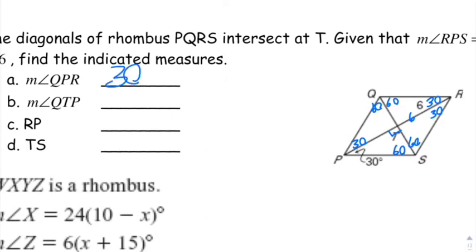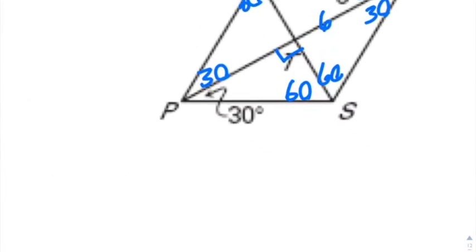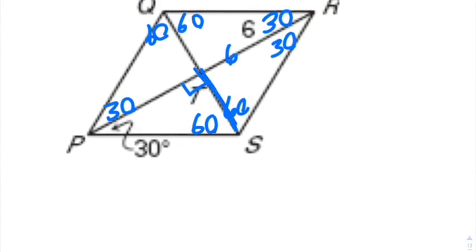So that's 30 degrees right there. This is the angle bisector. And then you got QTP, which should be a 90 degree angle. And then we're going to find RP. So if half the diagonal is 6, then the full diagonal has got to be 12. And then TS. So we need to find this side right here, TS.